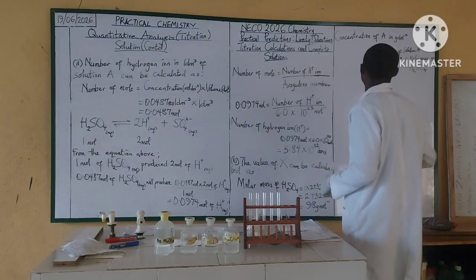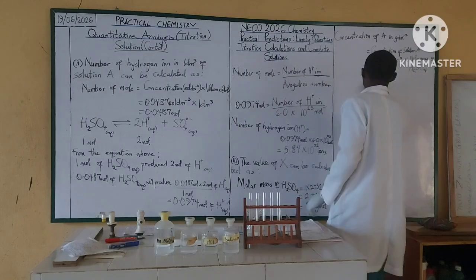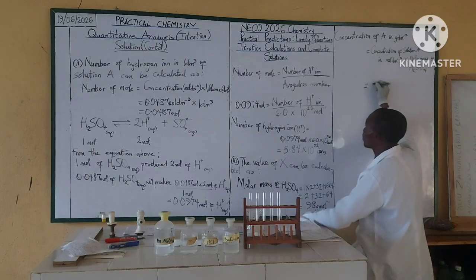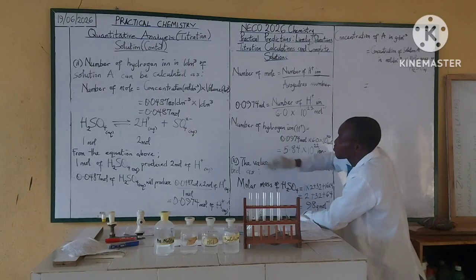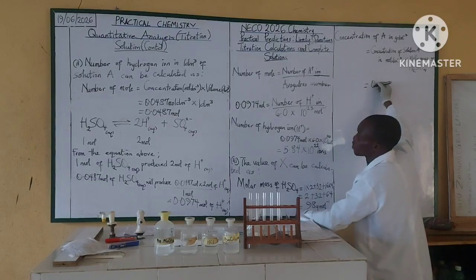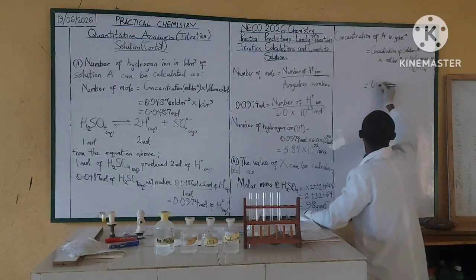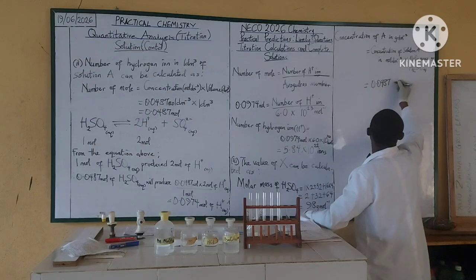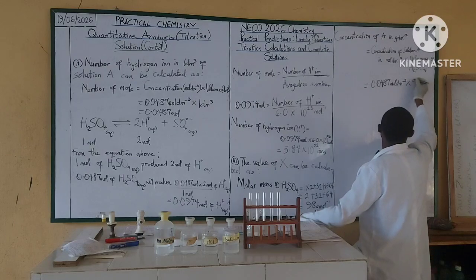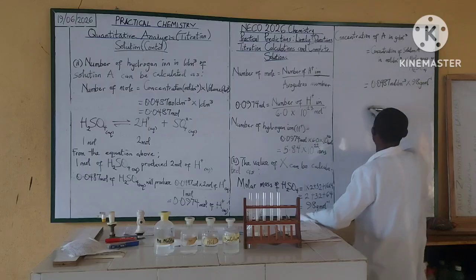Therefore, we can now have our final answer to be equal to 0.0487 mole per dm cube multiplied by 98 gram per mole.